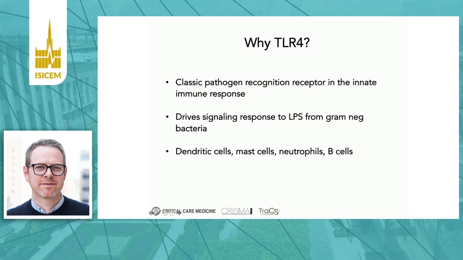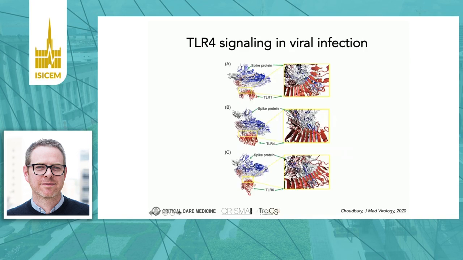It's a pathogen recognition receptor and typically would be involved in the response to LPS from gram-negative bacteria. The TLR receptor and family of receptors is found in a variety of dendritic cells, mast cells, neutrophils, and others. And it participates in viral infection. And so there's two examples, and of course, there's many more.